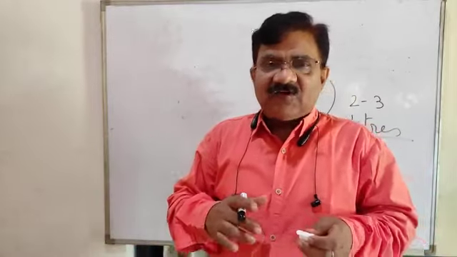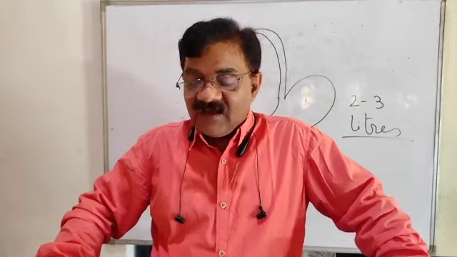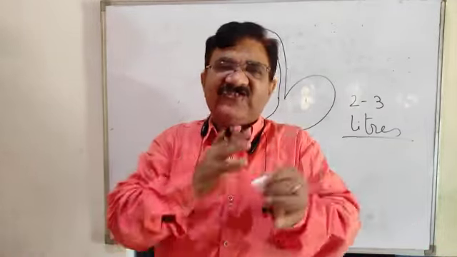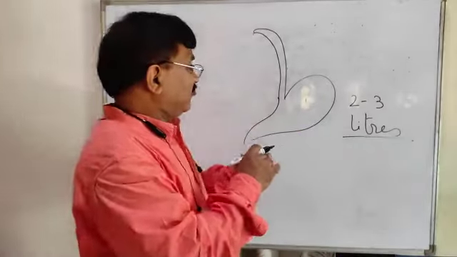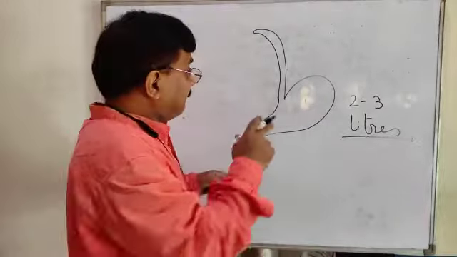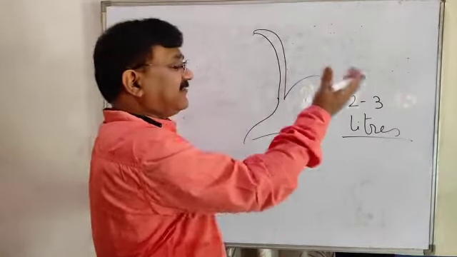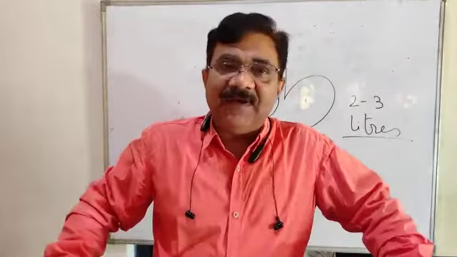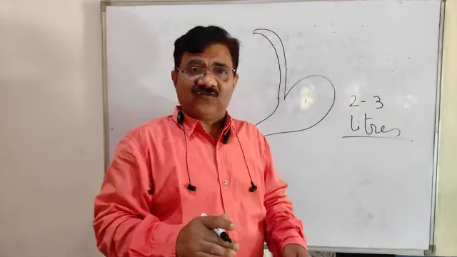Now, its walls are highly elastic and muscular, which helps to churn the food and mix it with the gastric juice. The function of the stomach is to release gastric juice and mix it with the food. Now, what is gastric juice?